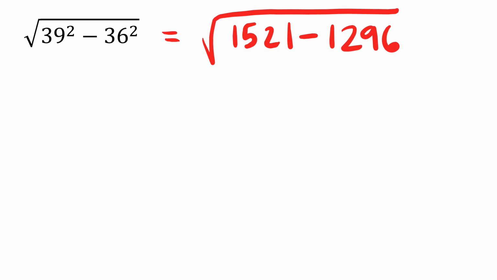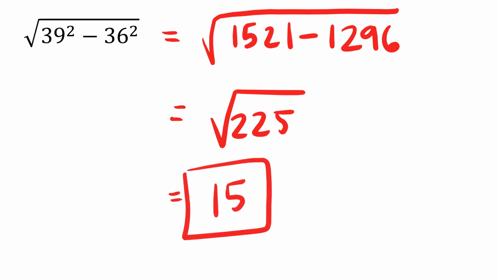Then if you subtract those, again, I'm working inside of my little grouping symbol here, my radical. I am just following along with the order of operations, trying to simplify inside of this grouping symbol. So now I'm subtracting those. 1521 minus 1296 is 225, and the square root of 225 is 15.